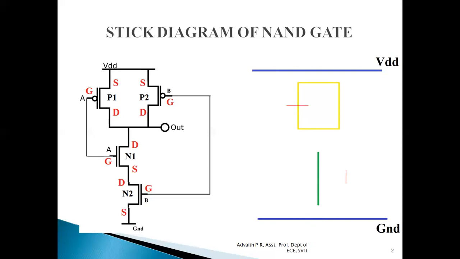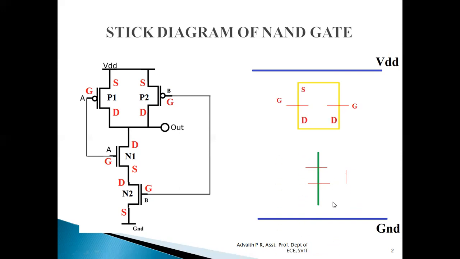The P1 transistor is formed when diffusion crosses polysilicon. Similarly, the P2 transistor is formed when p-type diffusion crosses polysilicon. The same thing is done here. Similarly, an NMOS transistor is formed when n-type diffusion crosses polysilicon, so we have formed two NMOS transistors, N1 and N2.